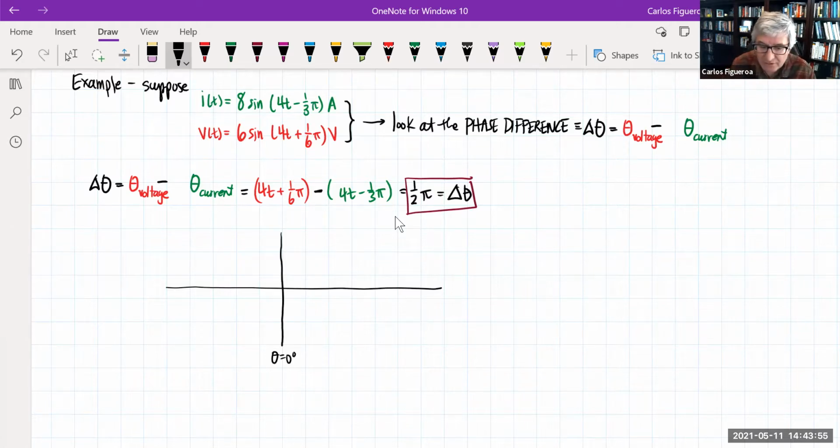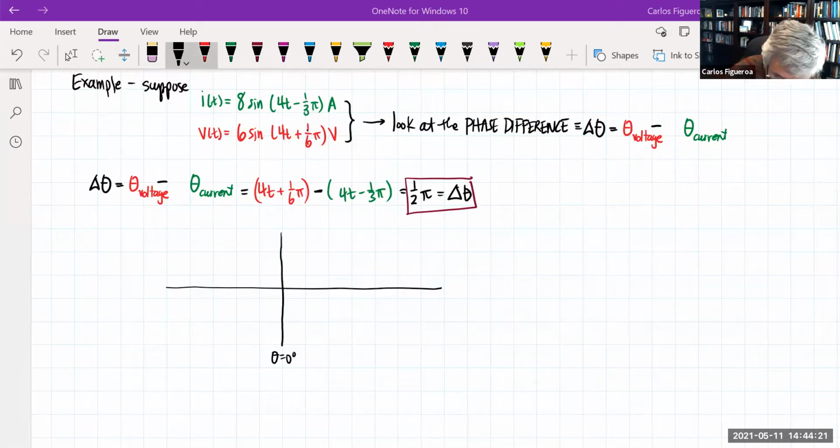And this is what I want you to think about here. You're going to see the following thing. When I look at the green phase, remember the minus sign means that it gets translated to the right, whereas the positive sign gets translated to the left.